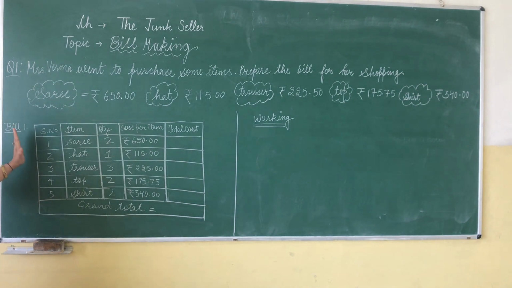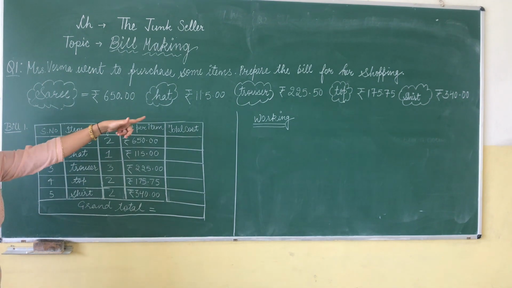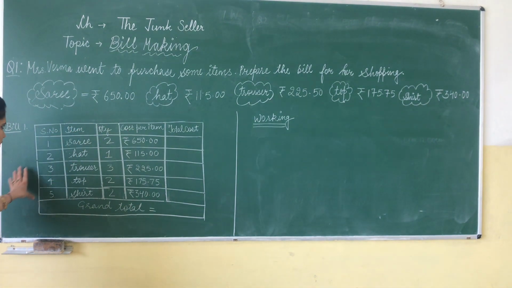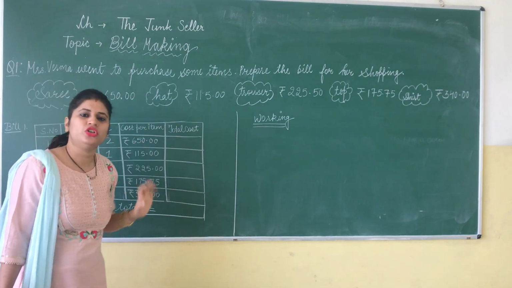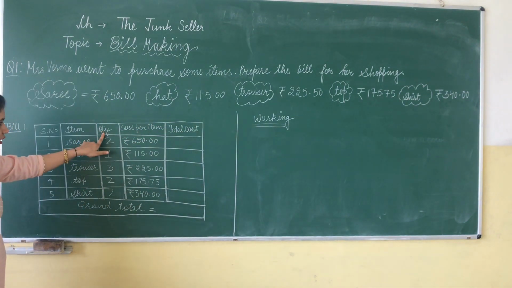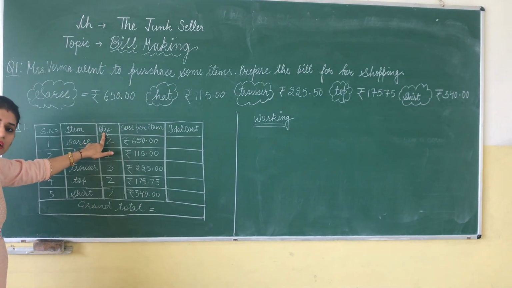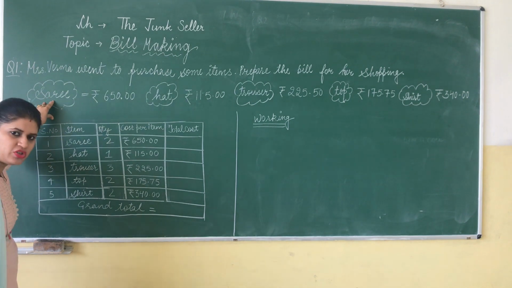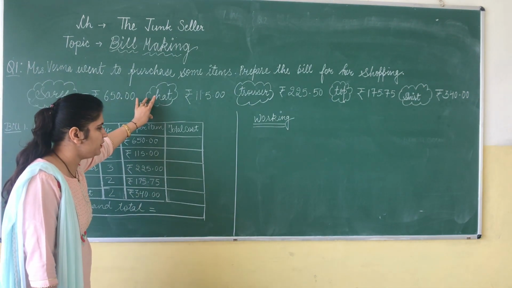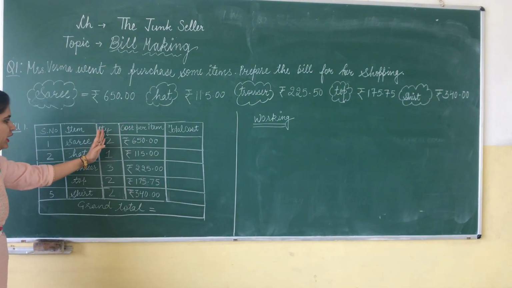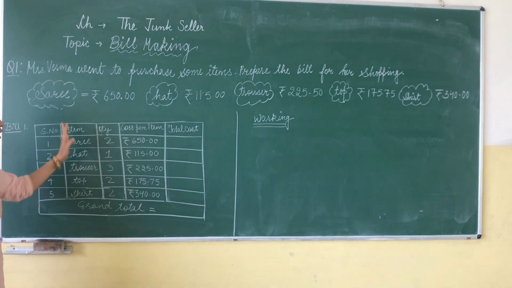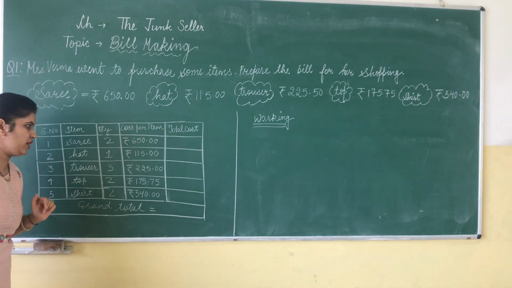Everything is given in this table, like serial number, items, sari, hat, trouser, top and shirt. In the third column, that is quantity, it is given how many of each item she has purchased.